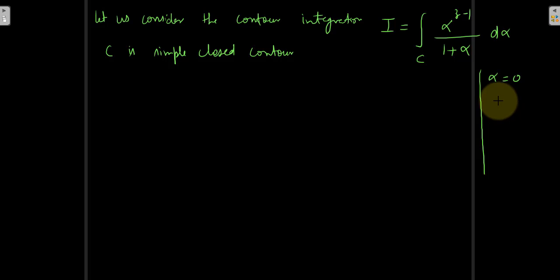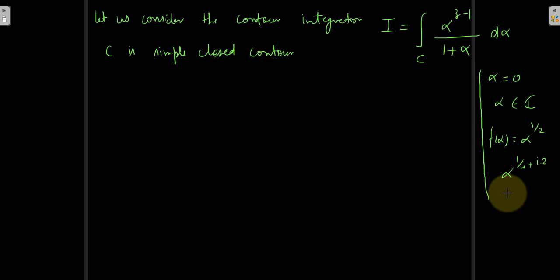You all know that if alpha is a complex number, and you are using a function like alpha to the 1 by 2 or alpha to the 1 by 4, or any complex power, or you can say alpha to the 1 by 4 plus 2i, in such cases we certainly have branch points. And where is that branch point? We have the branch point at alpha equals 0.